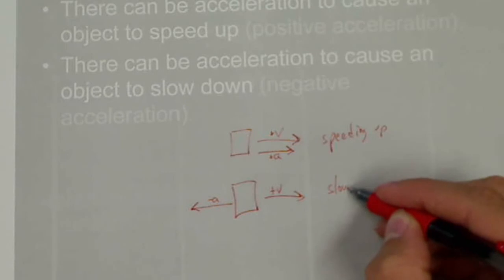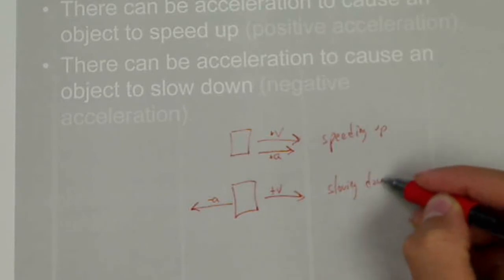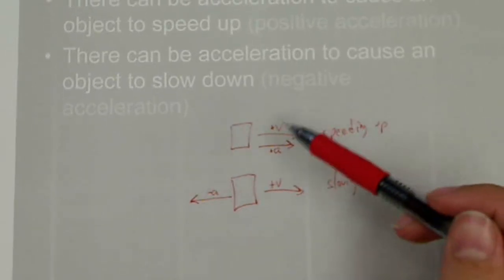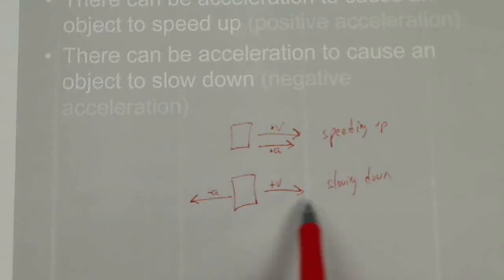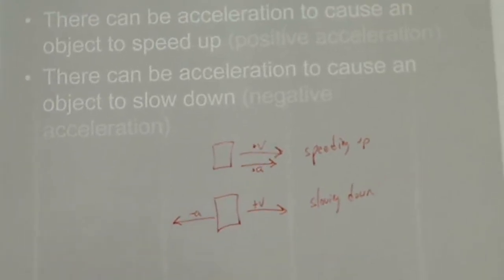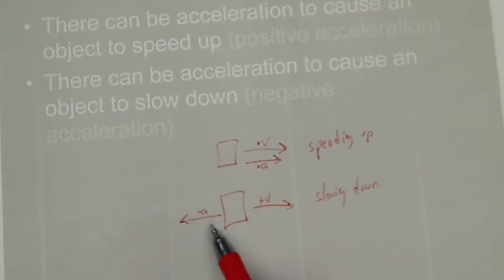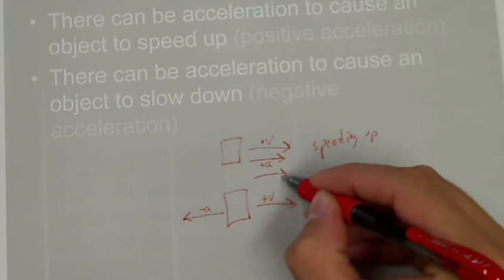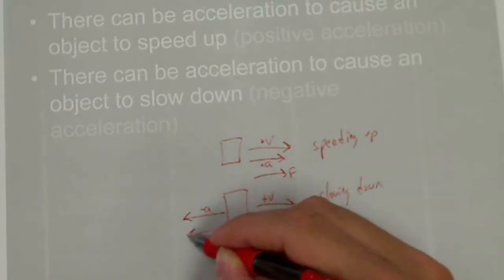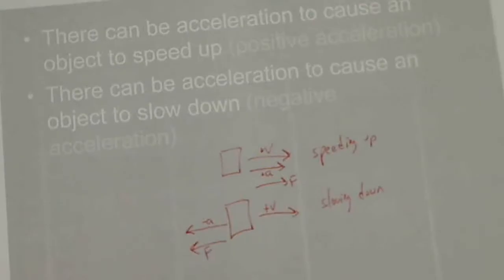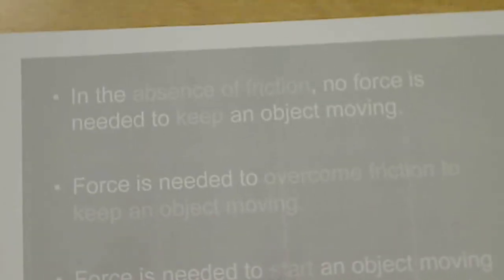This would be slowing down. So a lot of students get confused that the acceleration has to be the same way it's going, and it doesn't, because acceleration doesn't mean which way it's going. That's velocity. So acceleration and velocity can be in two different directions. Now the acceleration and the net force will always be the same direction, because that's what's causing it.